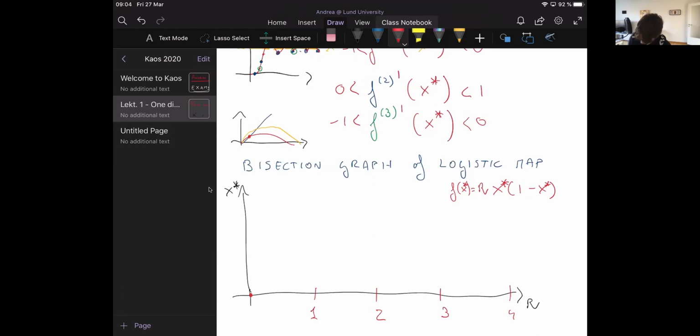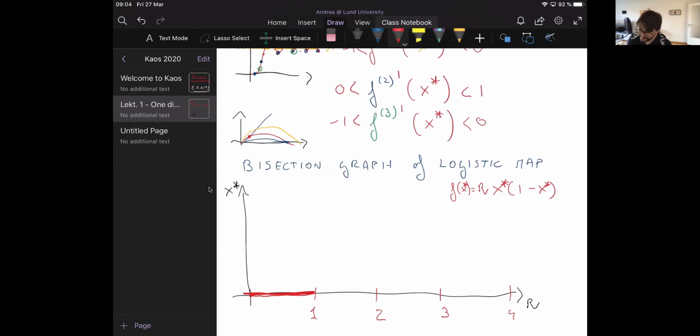So when my r is smaller than 1, what happens is that it stays at 0, because the only fixed point I will have for a truly small r is that the logistic map always stays below the bisection line. So for r smaller than 1.